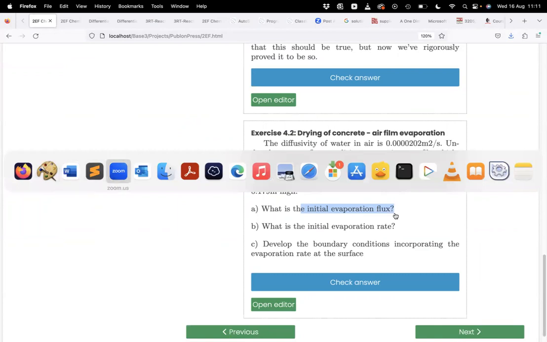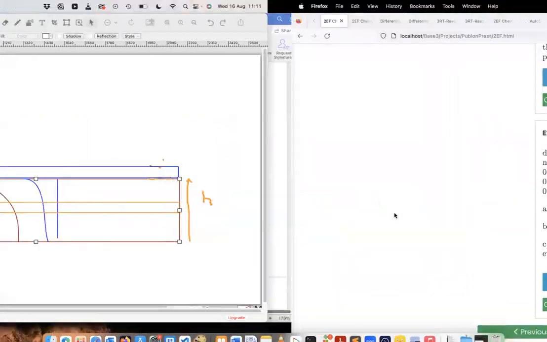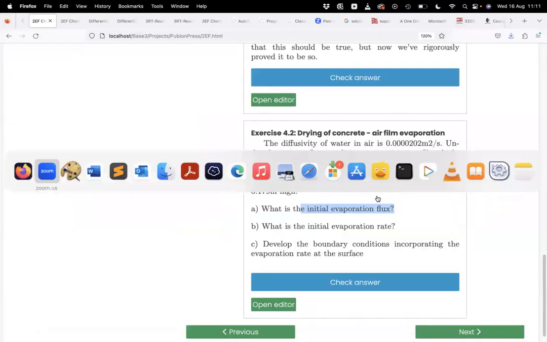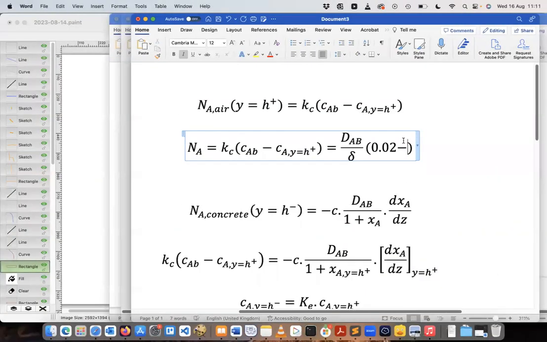What should the concentration be right next to the interface? No takers? So what should the concentration of water in the concrete be initially?